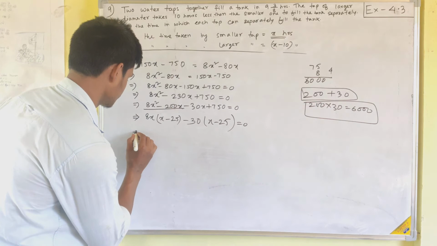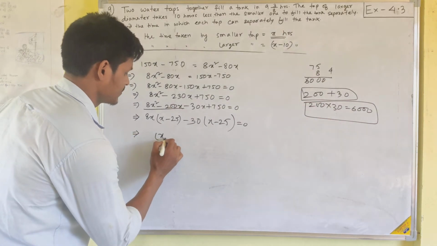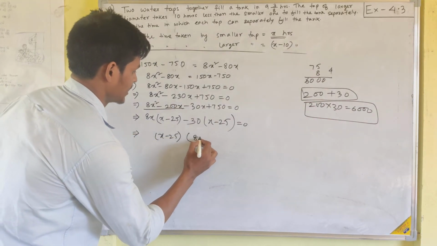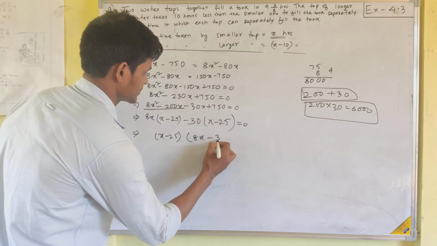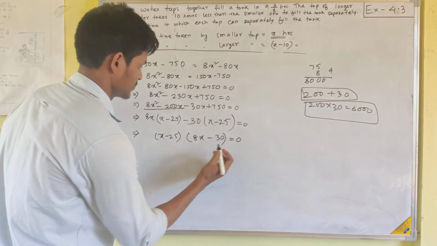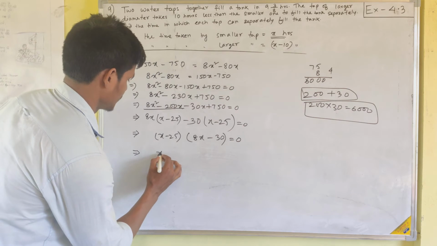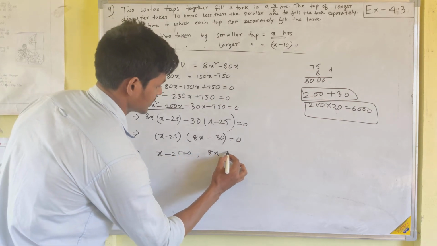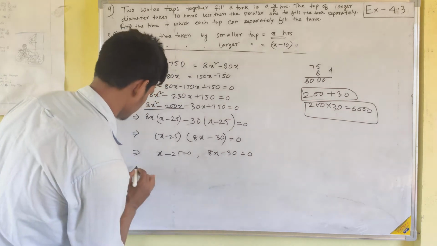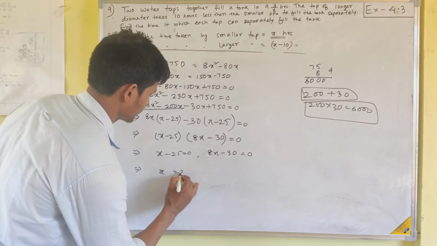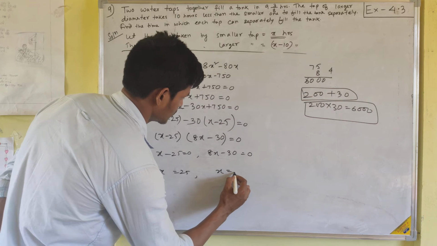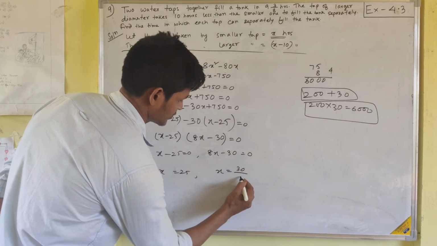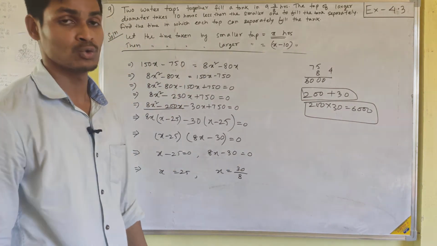Now x minus 25 and 8x minus 30 equal to 0. So x minus 25 equal to 0 and 8x minus 30 equal to 0. So the value of x will be 25 and x equal to 30 by 8. These are the two values.